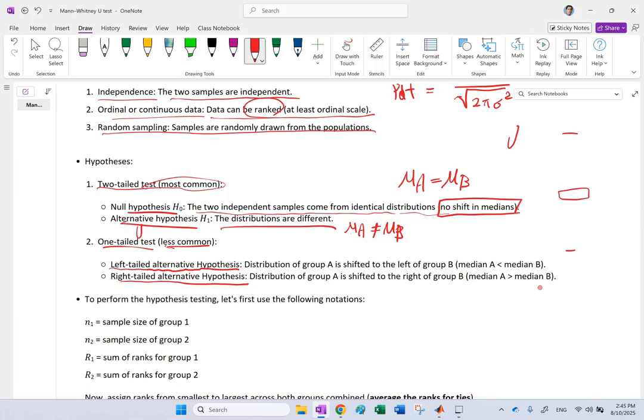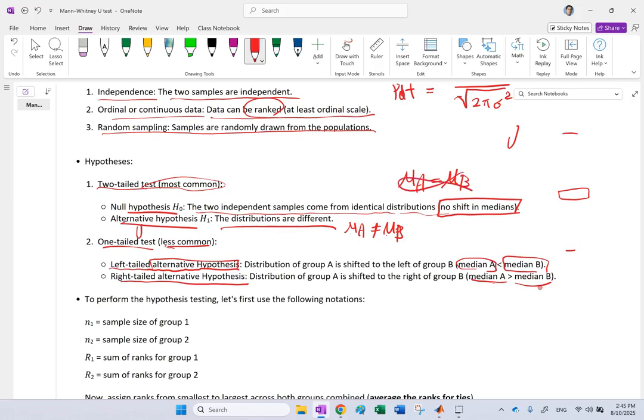They are equal. But now, if the test that we are doing is a left tail, the alternative hypothesis, instead of them not being equal, is that median of A is less than median of B. Okay, and if it's a right-tailed test, the alternative is that median of A is bigger than median of B.